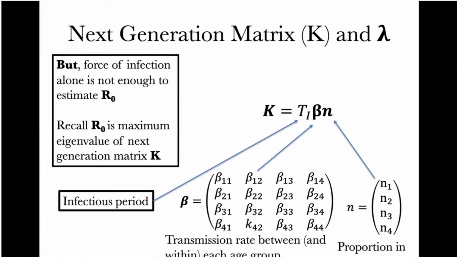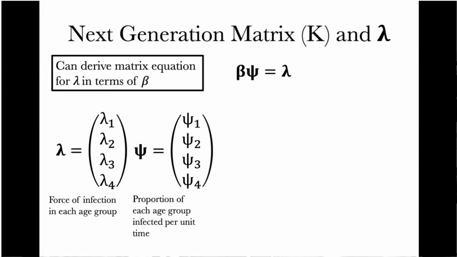If you can imagine it as a matrix that has components of R0, to some level. Because what's R0? Beta over gamma, yeah, if you recall. So you can use it to estimate R0 easily if you have the next generation matrix.